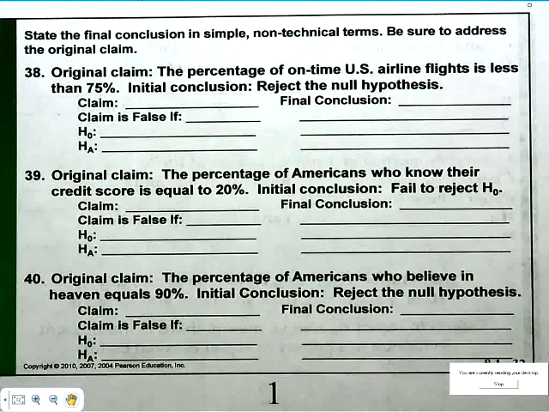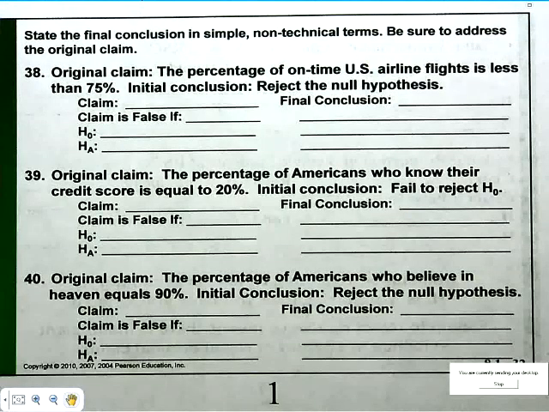Two words, starts with an S. Significance level. So you compare the p-value to the significance level, and if p is less than alpha, what did that tell you about the null hypothesis? Reject the null hypothesis, and if p was greater than alpha, what did that tell you?